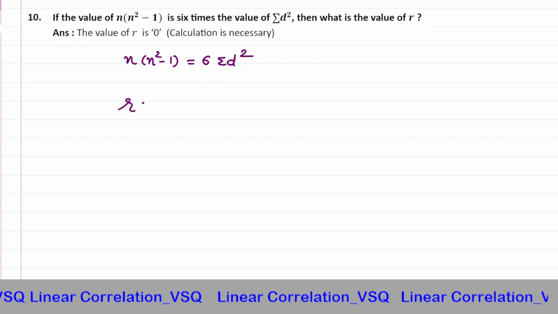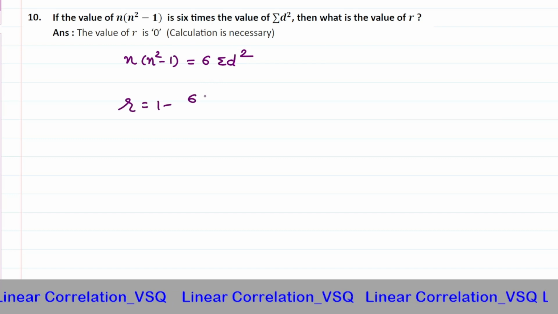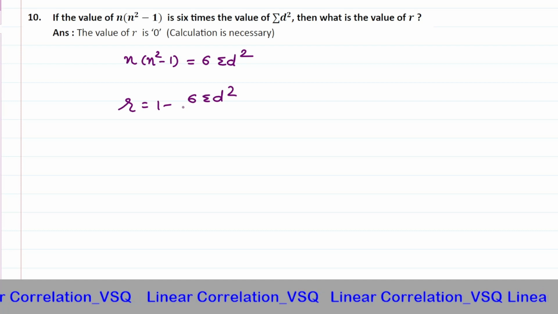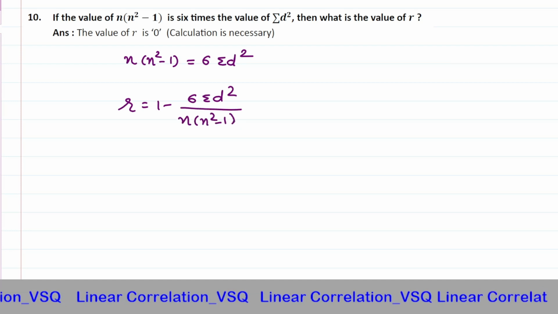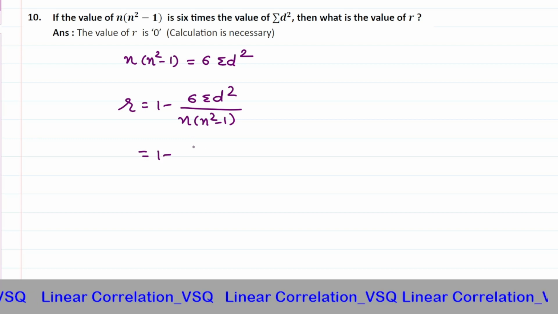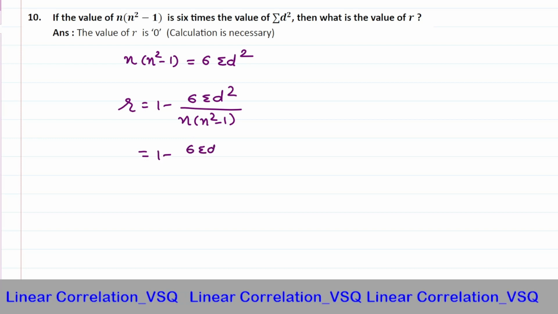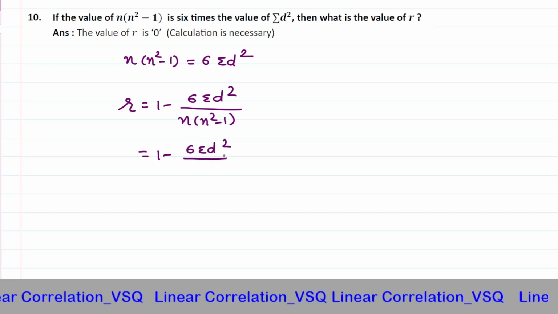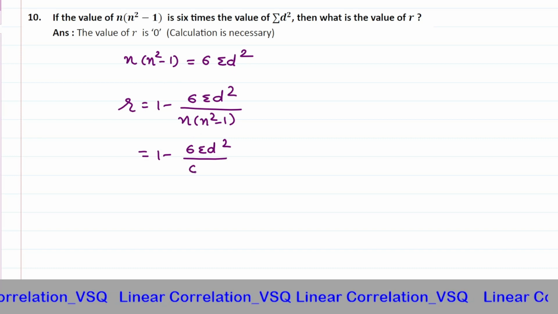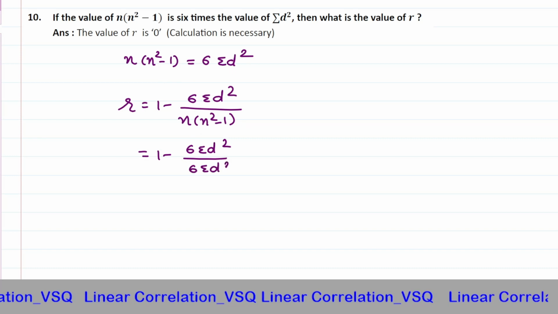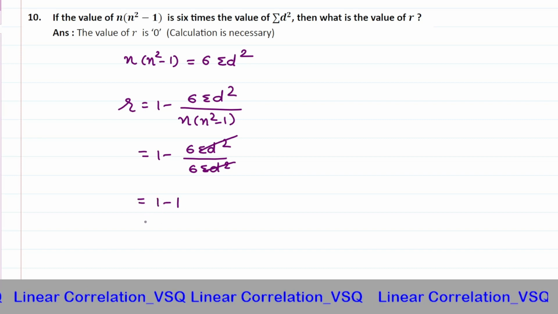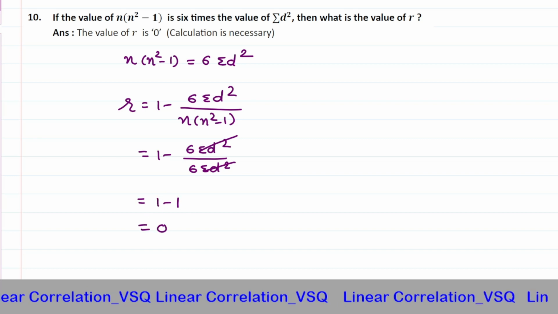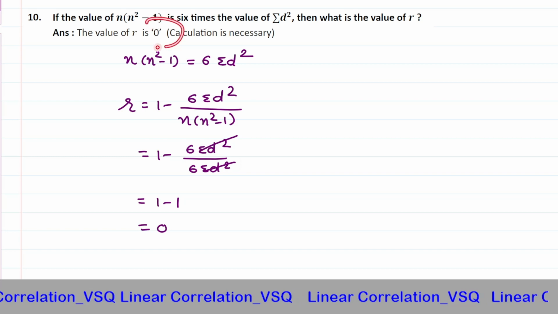So r equals 1 minus 6 sigma d squared divided by n times (n squared minus 1). Substitute the values: 1 minus 6 sigma d squared divided by n(n squared minus 1), which equals sigma d squared after substitution. Sigma d squared cancels out, so we have 1 minus 1, which equals 0. So the correct answer is 0.